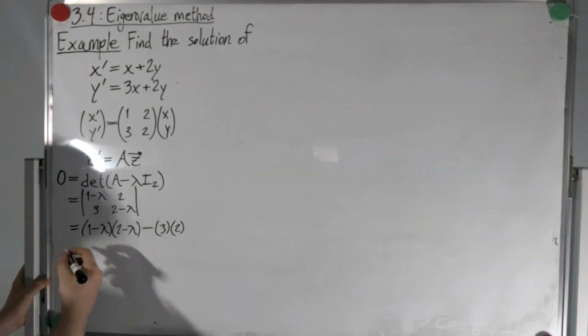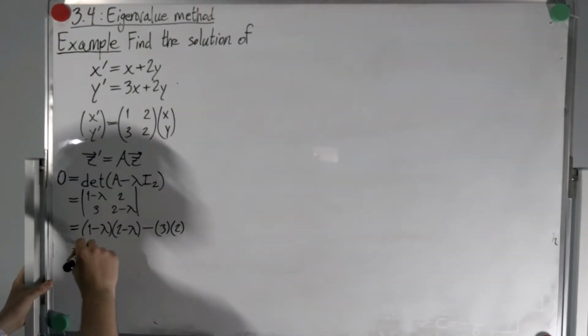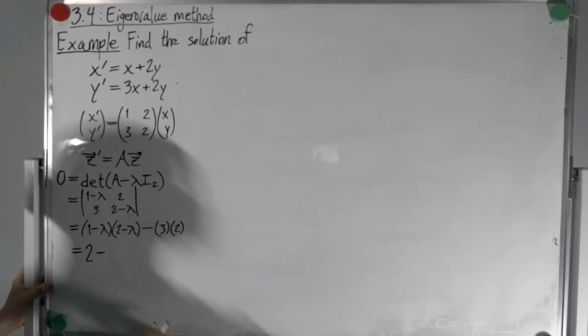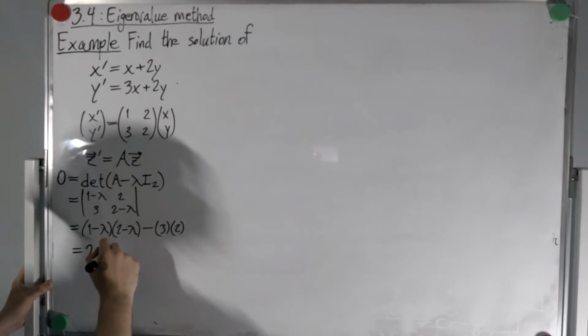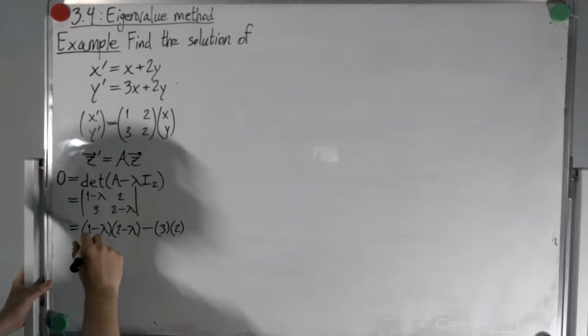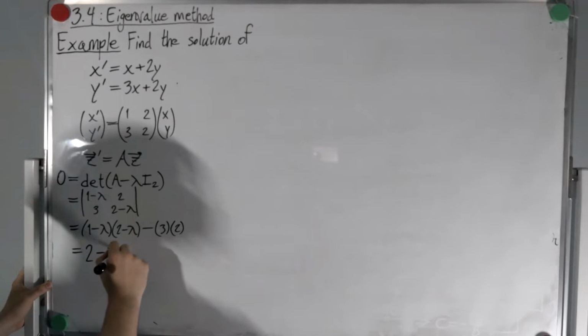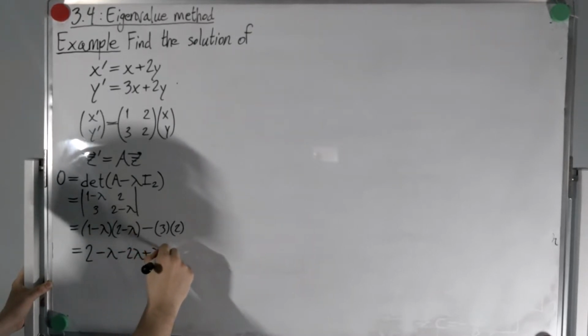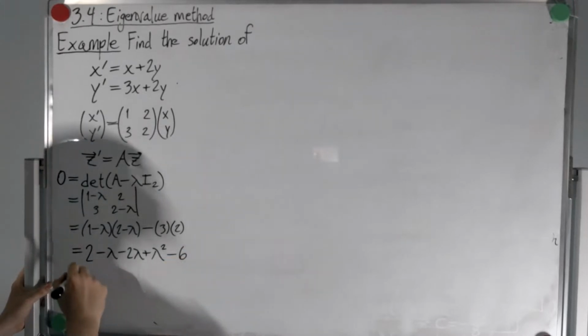So we should distribute that, and we get 2 minus lambda minus 2 lambda plus lambda squared minus 6.